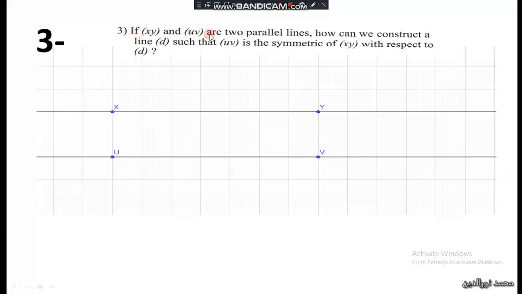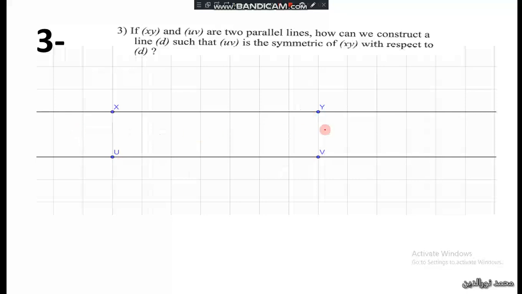If xy and uv are two parallel lines, as we see here, how can we construct a line D such that UV is the symmetric of XY with respect to the line D? So we have to draw a line D such that UV is the symmetric of XY with respect to the line.